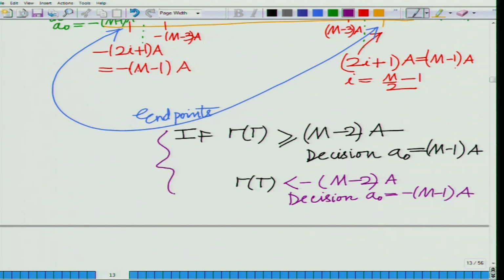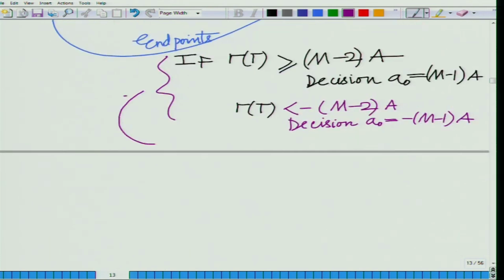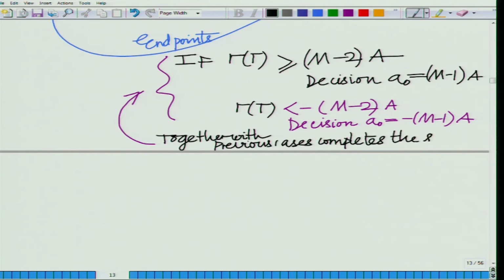So, this together with the previous cases completes the set of decisions. Remember it has to be seen in totality. By the previous cases I mean the central points.